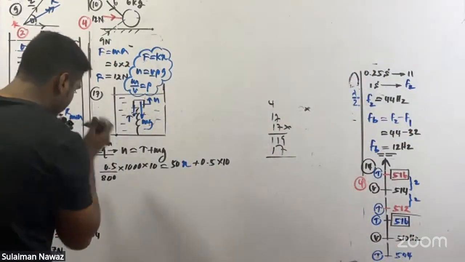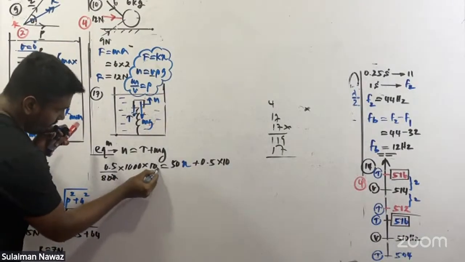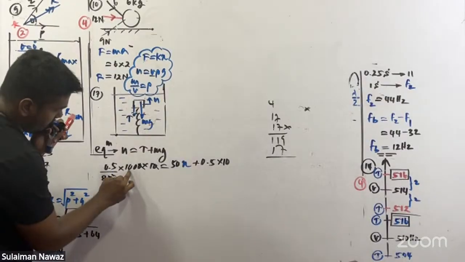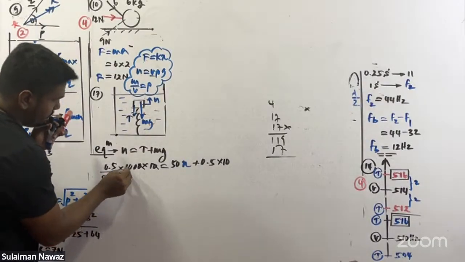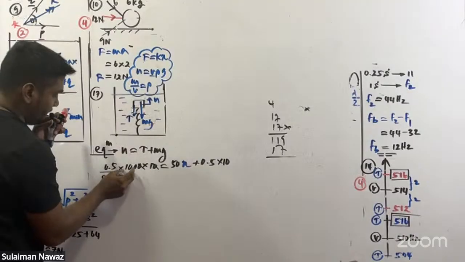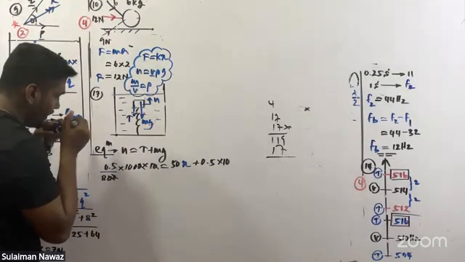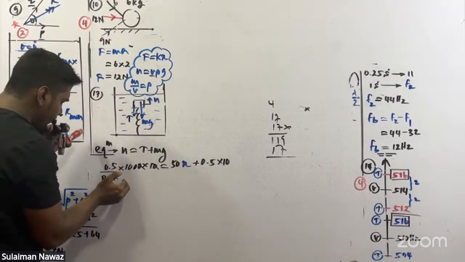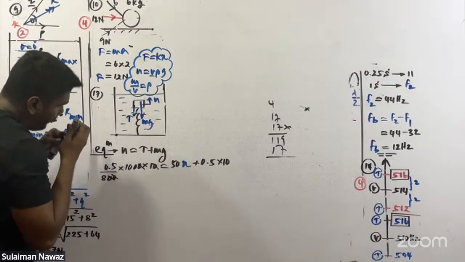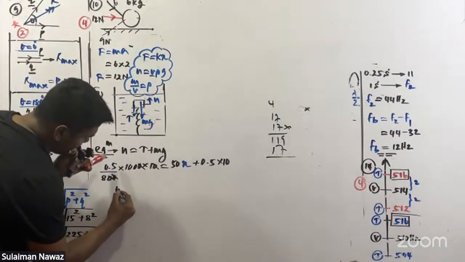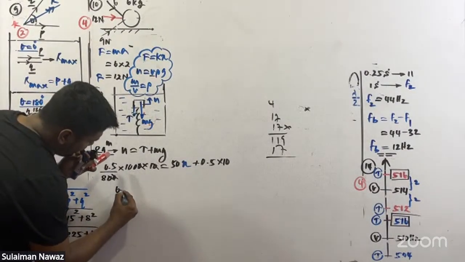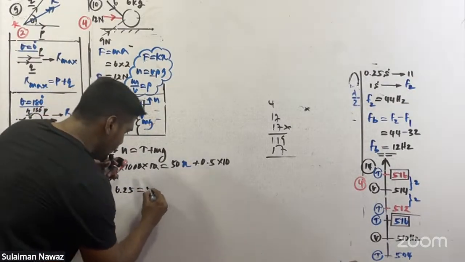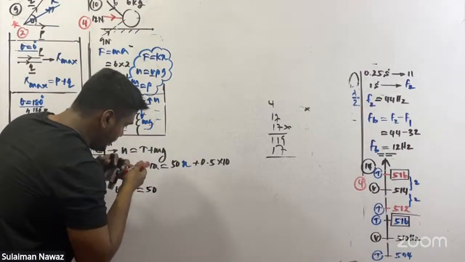Substituting, 0.5 into 100 is 50. 50 over 8 means 25 over 4, which is 6.25. So 6.25 must be equal to 50x plus 5.